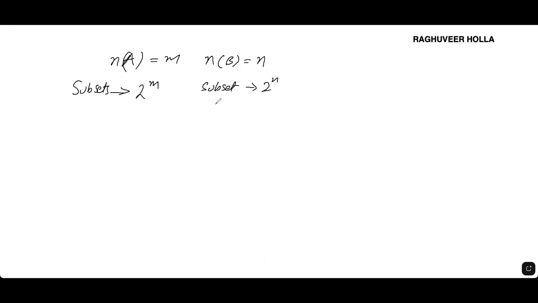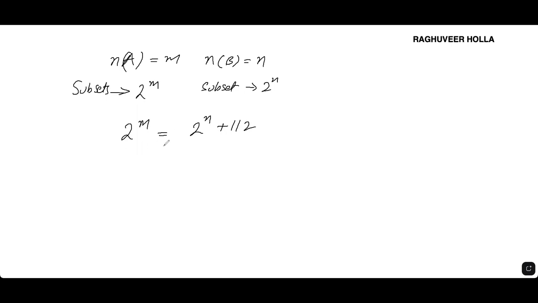Now, how would we relate these? The number of subsets of A, 2 to the power of m, is equal to 112 more than the subsets of B. So 2 to the power of n plus 112. So we get this equation.